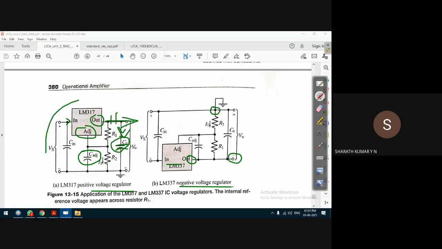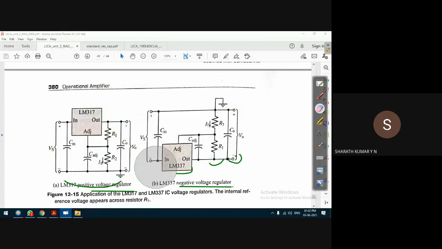In the positive regulator, this point is ground, and we are measuring output with respect to ground, output is positive. In this case, output is measured with respect to ground and it gives a negative voltage. And what will be the adjustment voltage? Adjustment voltage will also be negative because output voltage is negative. That's how the R1 and R2 are connected.